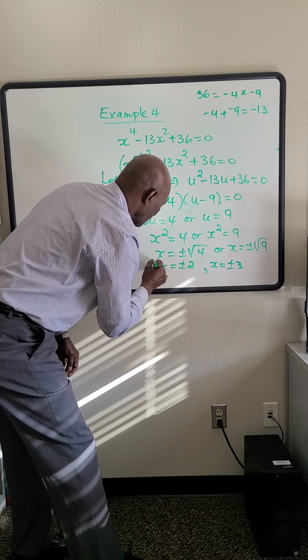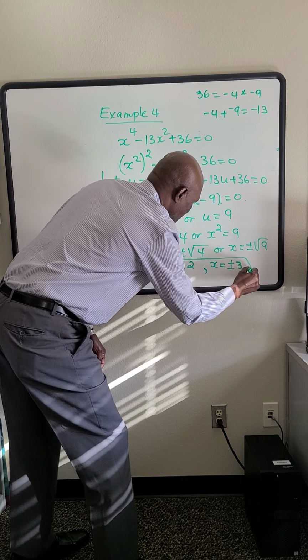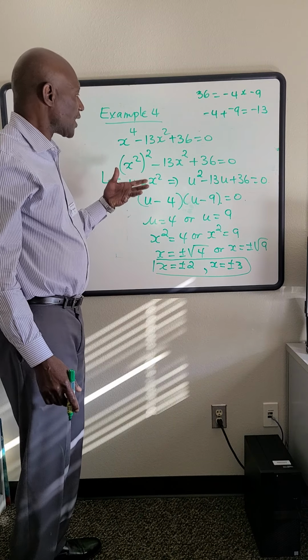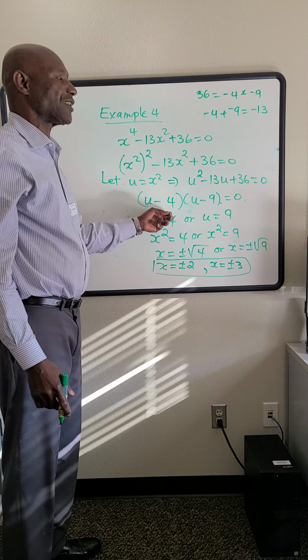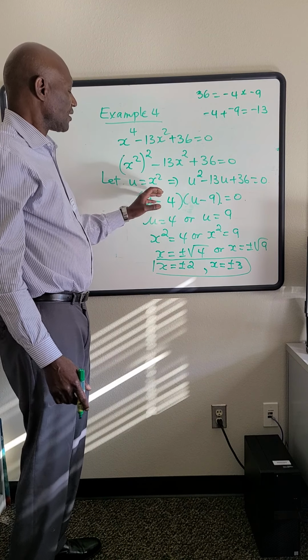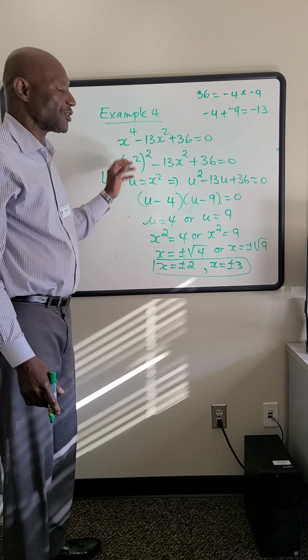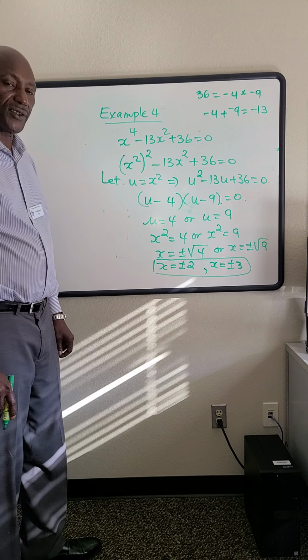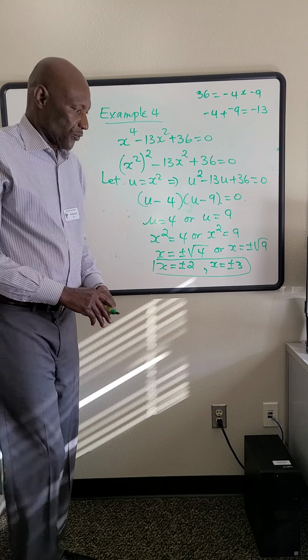So these are the solutions. Remember that you're looking for x values, not u values really. So u is just transitional. So make sure you go back to x and then have the solutions as values of x.